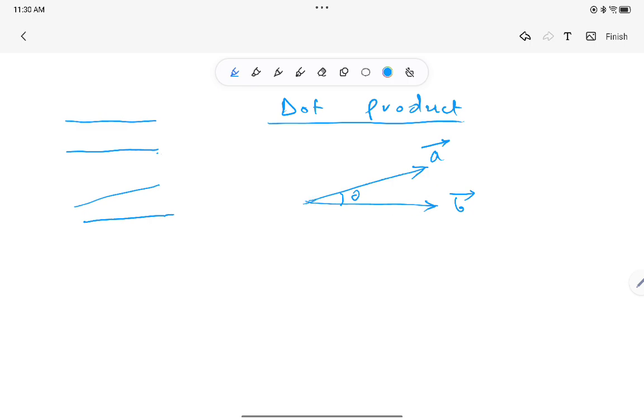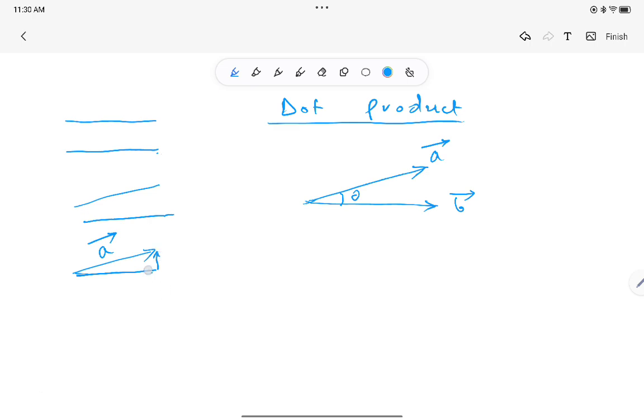First, let me remind you that if you have a vector, a directed line segment in the plane of the screen, this is a vector A. We know that it has two components: one horizontal component along the x-axis, the other a vertical component along the y-axis.